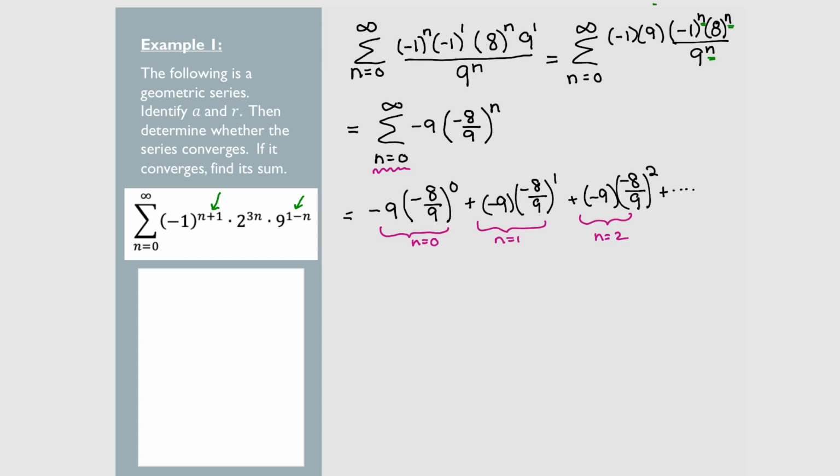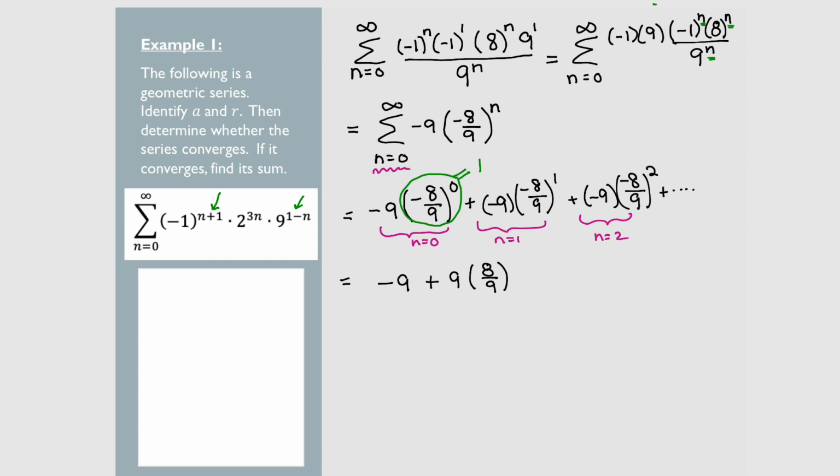In the first term, I have -9 times -8 ninths to the 0th power, but I know that anything to the 0th power is just 1. And so this is just negative 9. So my lead term is negative 9. And my next term is negative 9 times negative 8/9, or that's actually just positive 9 times 8/9.